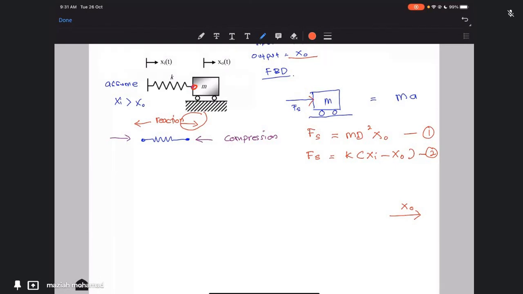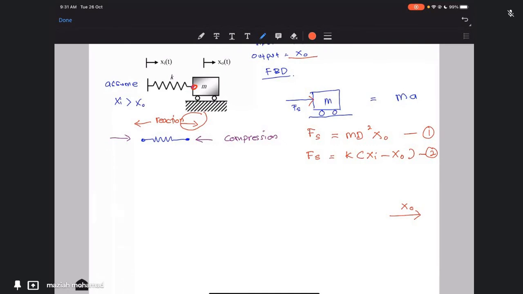Both have S naught, right? Equation 1 has S naught, equation 2 also has S naught. So meaning we can choose any of the equations. You can start with equation number 1, you also can start with equation number 2. But remember, one equation can only be used once. Once it is used, it cannot be used again. One equation can only be used once.